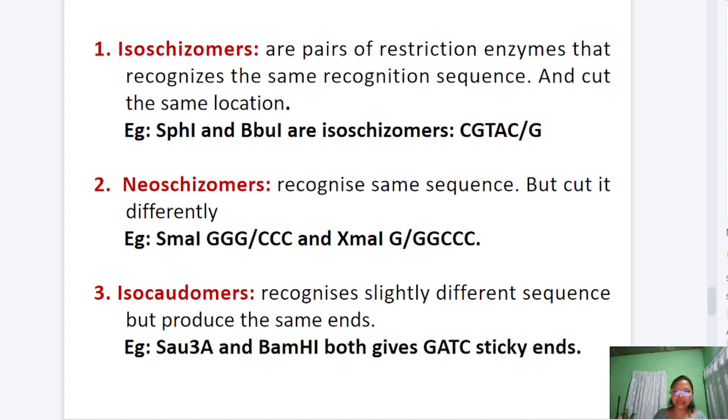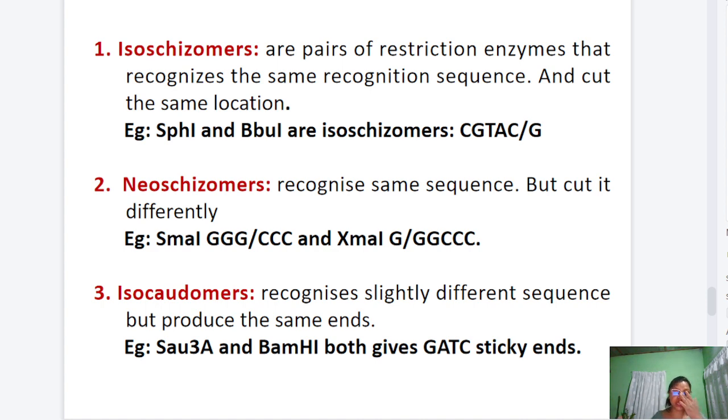But sometimes there are restriction enzymes that share the same exact target sequence. The cut site may be the same or may be different, but most of the time it is going to be the same. That is why we have the word iso, which means same. And they cut also at the same location.